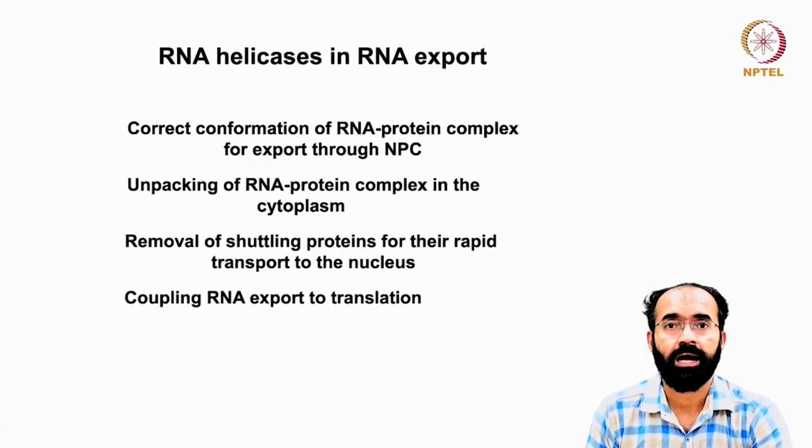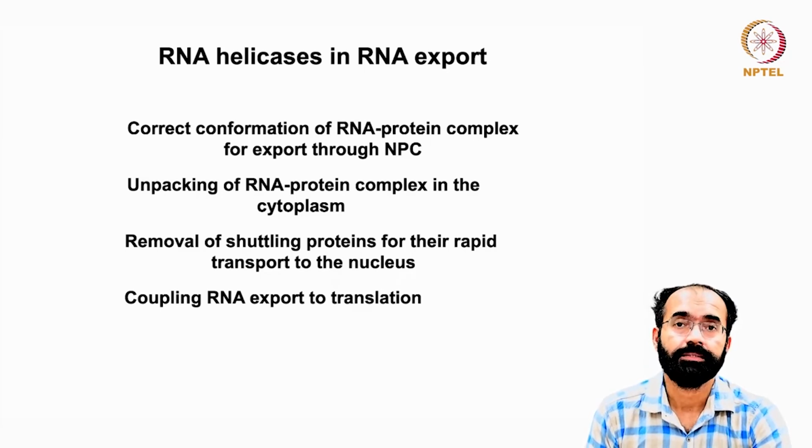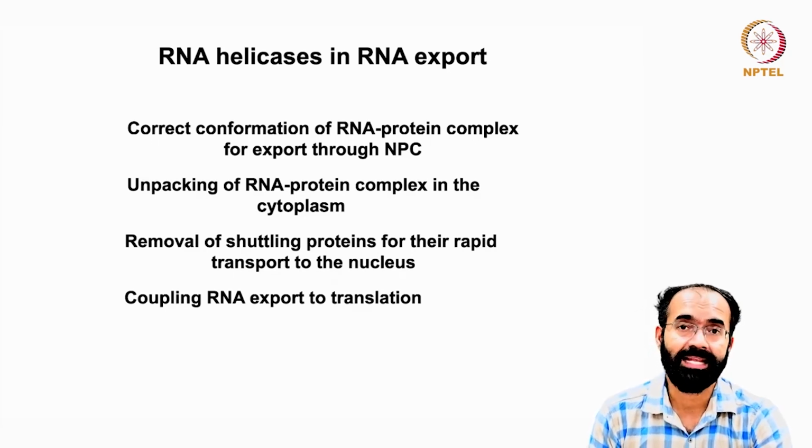And let us see how RNA helicases contribute to the RNA export, that is movement of RNA from the nucleus to the cytoplasm. The correct conformation of RNA protein complex for export through NPC. What is NPC? Nuclear pore complex. So helicases need to come into the picture.